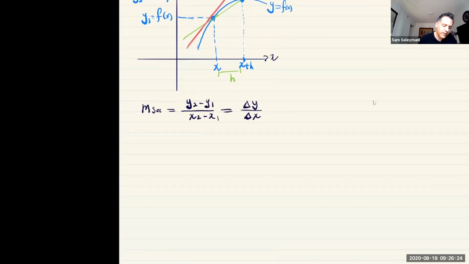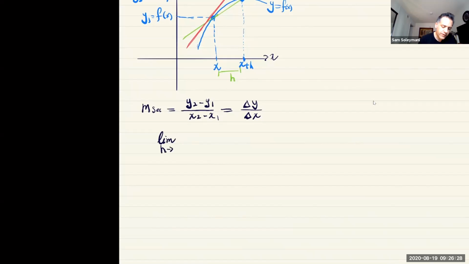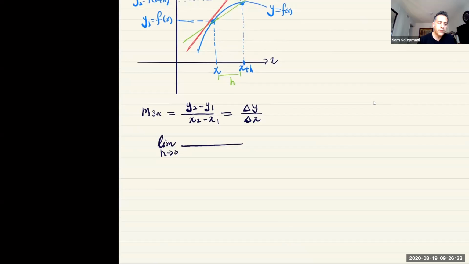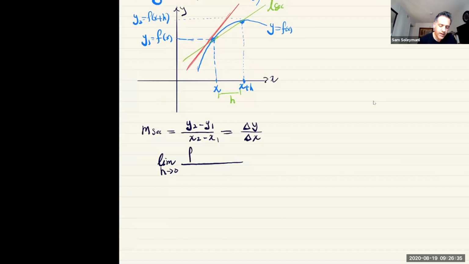So you take the limit as h goes to 0 of y2, here f of x plus h, minus y1, which is just f of x, divided by x plus h, that's x2, minus x1, or x.